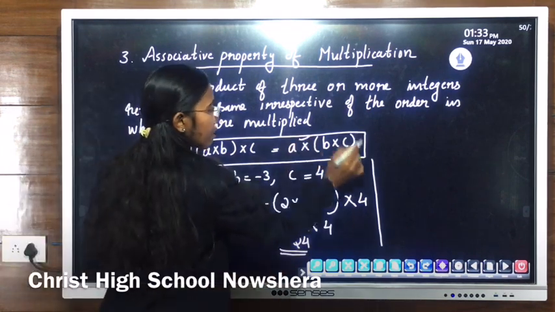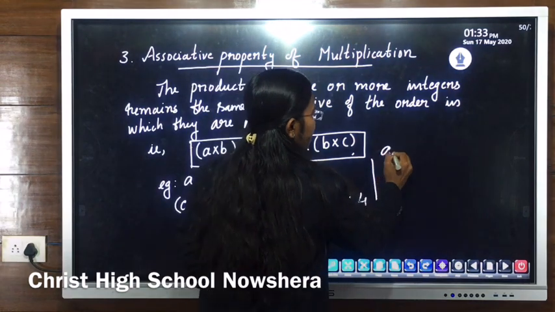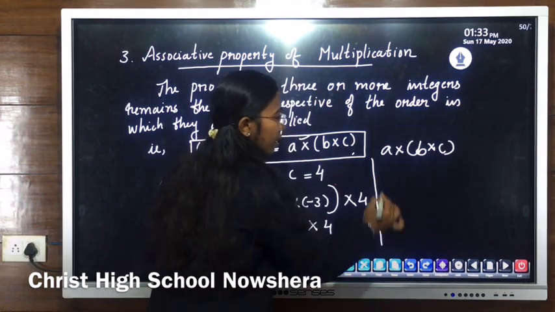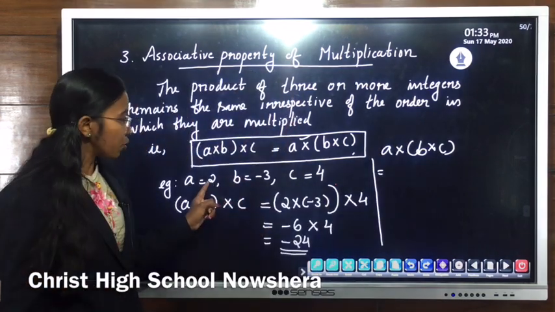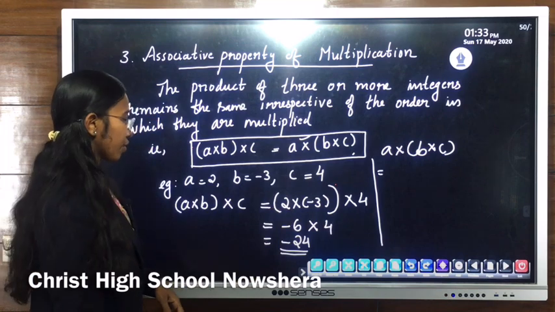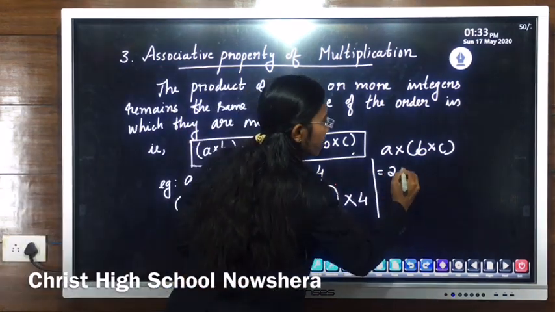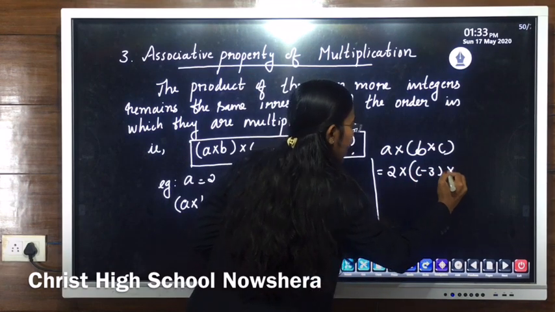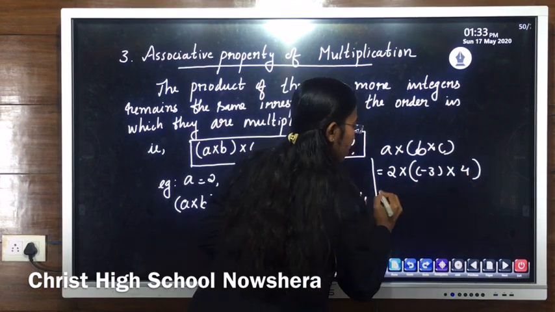Now we are checking this part, that is a into (b into c). What is a here? 2. B is minus 3 and c is equal to 4. That is 2 into (minus 3 into 4).